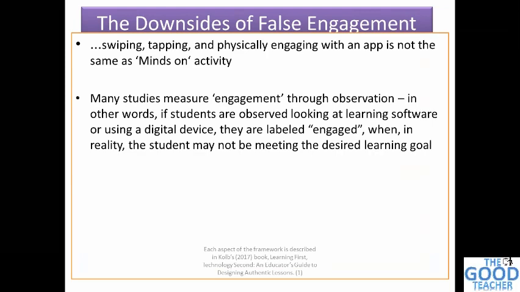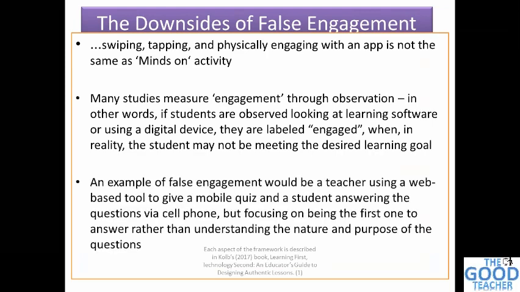Okay, so an example of forced engagement will be a teacher using a web-based tool to give a mobile quiz and a student answering the questions via cell phone, but focusing on being the first one to answer rather than understanding the nature and purpose of the questions. So students will be in a hurry to answer the question first.